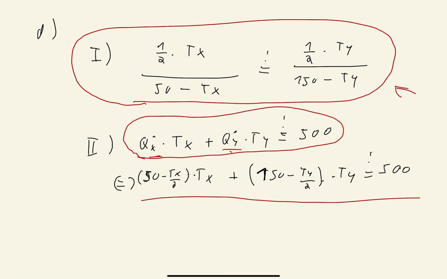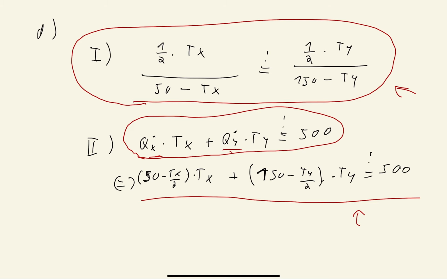The first one determines the ratio, and the second one determines the taxes in absolute values to raise a particular amount of tax revenue. By solving this system of equations for Tx and Ty, we can calculate the exact values of Tx and Ty, such that the distortions are minimized and we raise a tax revenue of 500.